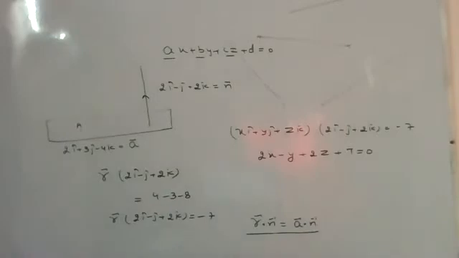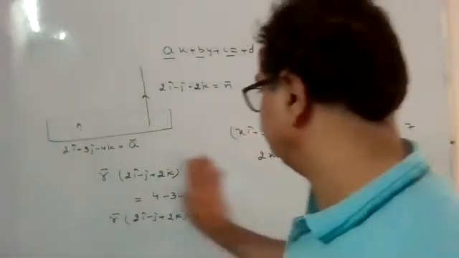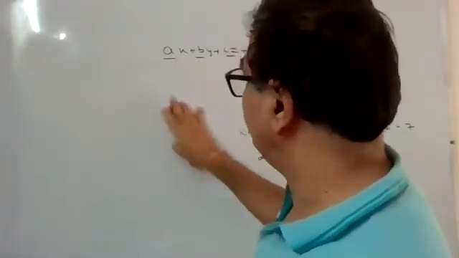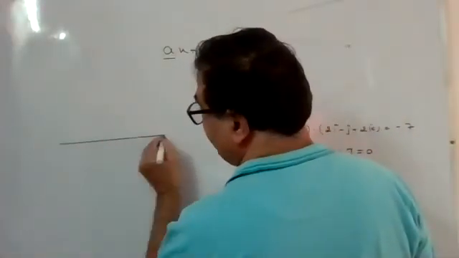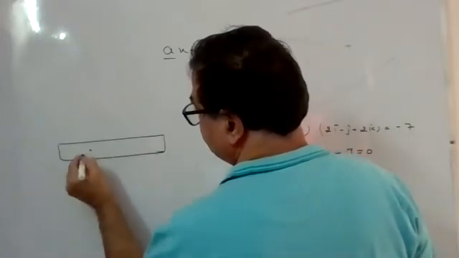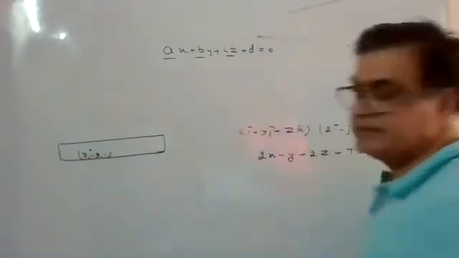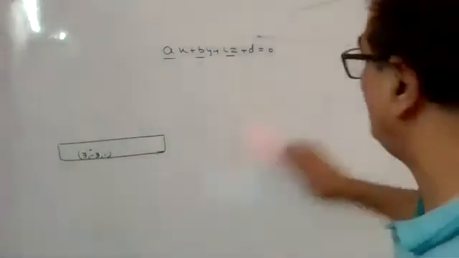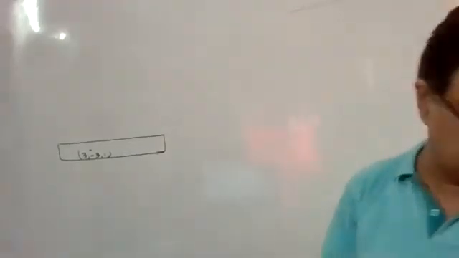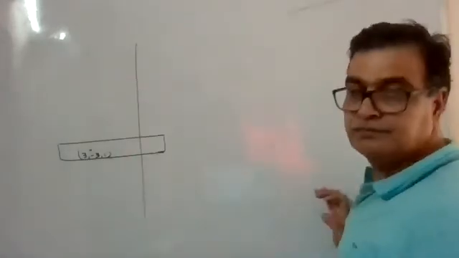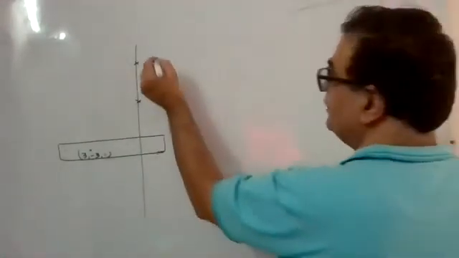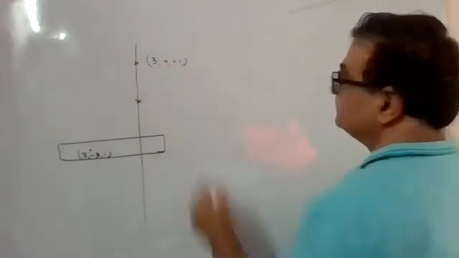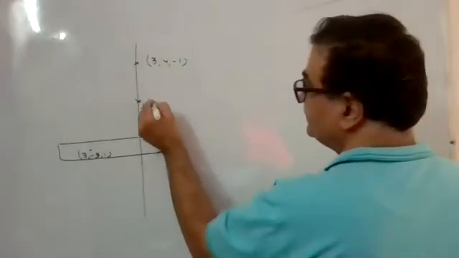Now write down the next question, please. Find the equation of the plane passing through the point 3, minus 3 and 1, and normal to the line joining the points 3, 4, minus 1 and 2, minus 1, 5.